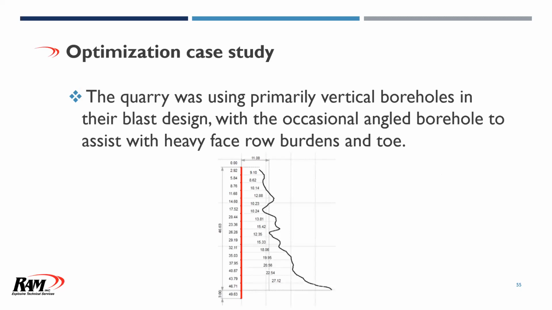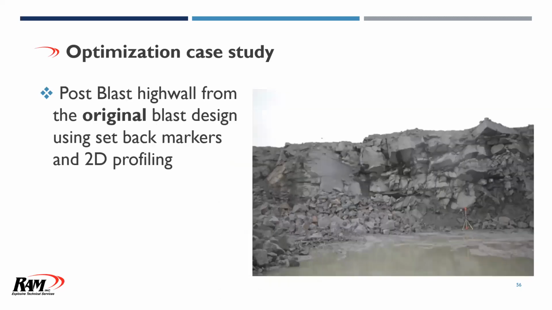But the quarry originally started off with vertical holes. And as they were doing this optimization, they started to recognize that they were constantly struggling with that geology, and that the back break was pretty significant on a lot of the shots. And no matter what they tried, there still seemed to be a lot of problems.